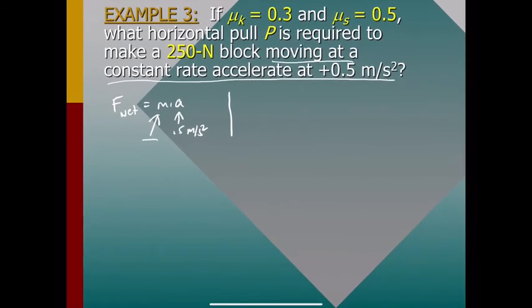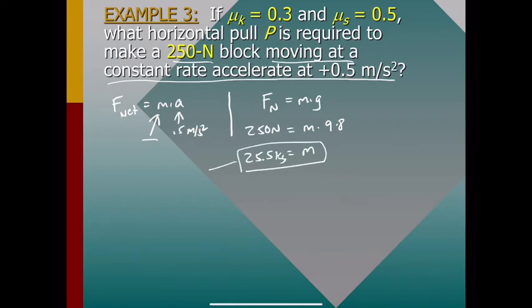We'll go with the normal force, which is given here, equals mass times g. So I'm going to find the normal force, 250 newtons, equals the mass times 9.8. And that gives me a mass of 25.5 kilograms.